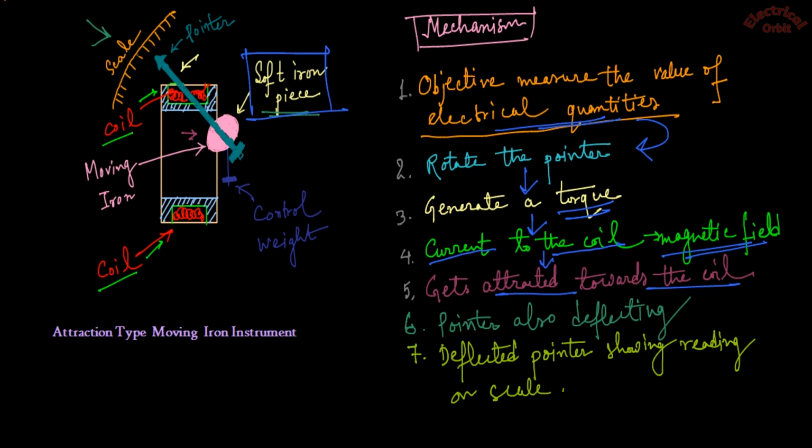The pointer attached to the soft iron piece also gets attracted or deflected. Whenever this pointer is deflected, automatically we are getting the reading on the scale, because this particular iron piece is free to move. So the mechanism, I think, is clear to you.